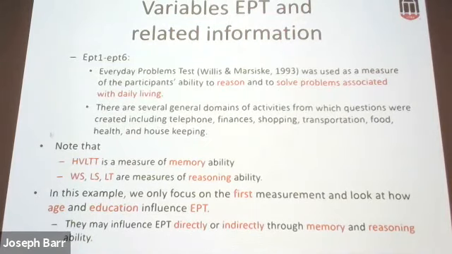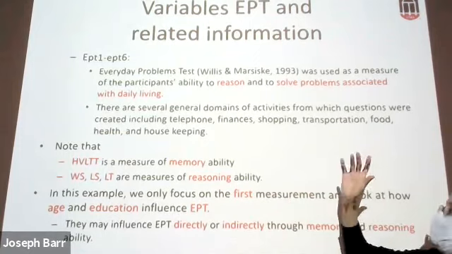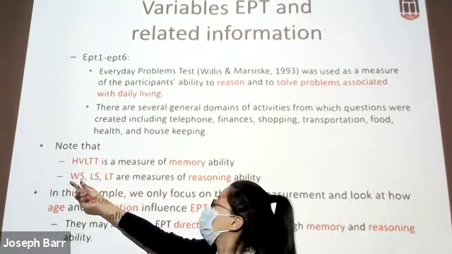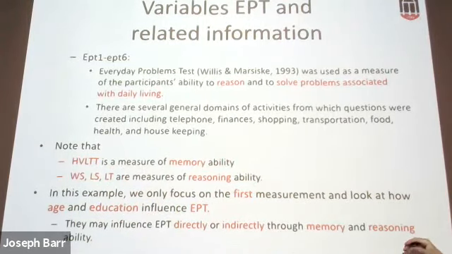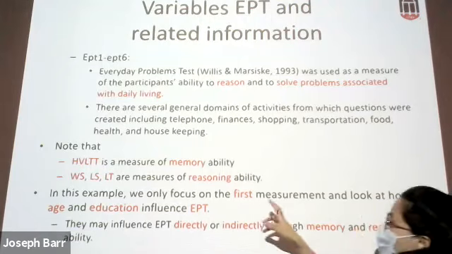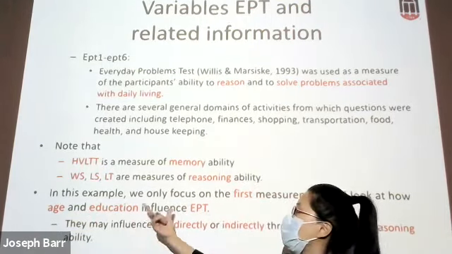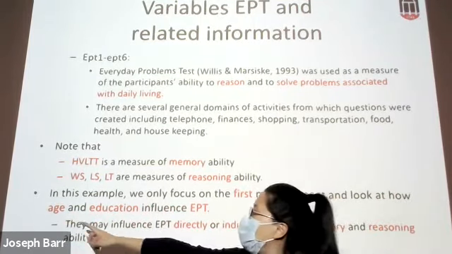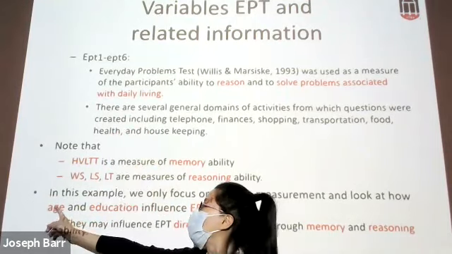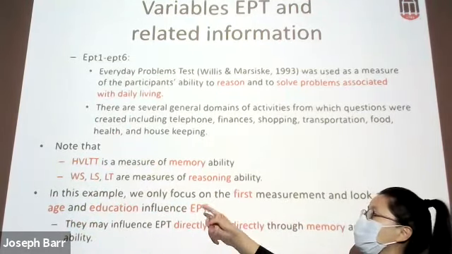Because we have so many measures, it's longitudinal, but currently we are going to look at the mediation. We don't need to look at the longitudinal data, so we just focus on the first measure. The first measure of HVLTT, the first measure of WS, LS, LT, and the EPT. Also, we are going to look at age's influence and education's influence on the EPT. So for age, do older people, with a larger age number, have a higher score or a lower score?